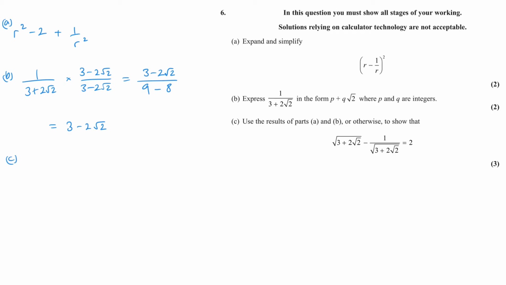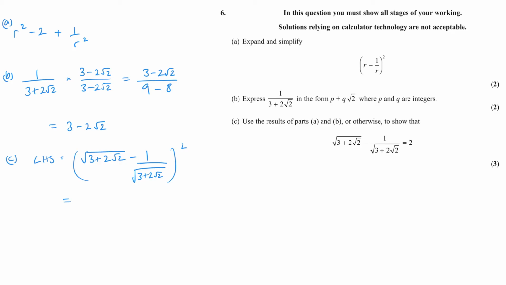Okay, part C. So I'm looking at this, and I'm going to start with the left hand side. So the left hand side is root 3 plus 2 root 2 minus 1 over root 3 plus 2 root 2. And then I'm going to square all of that, because that is this form, where r is my root of 3 plus 2 root 2.